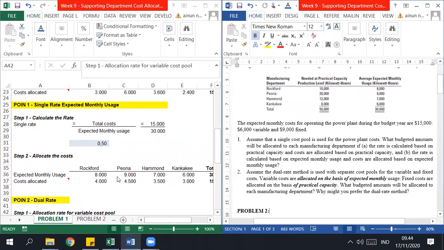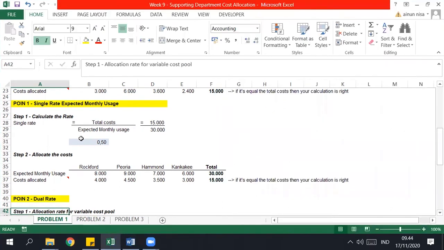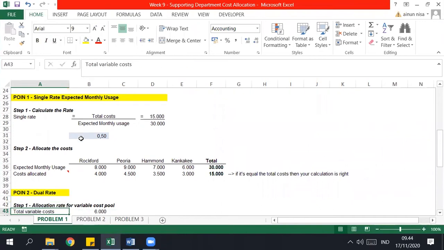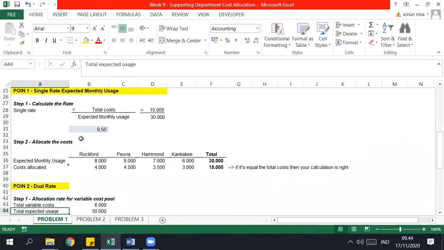Okay, so first we have to calculate the allocation rate for the variable cost pool, and as stated in the question, the variable cost will be allocated based on the expected usage. The information that we need is first the total variable cost, which is 6,000, and the second is the total expected usage, which is 30,000.